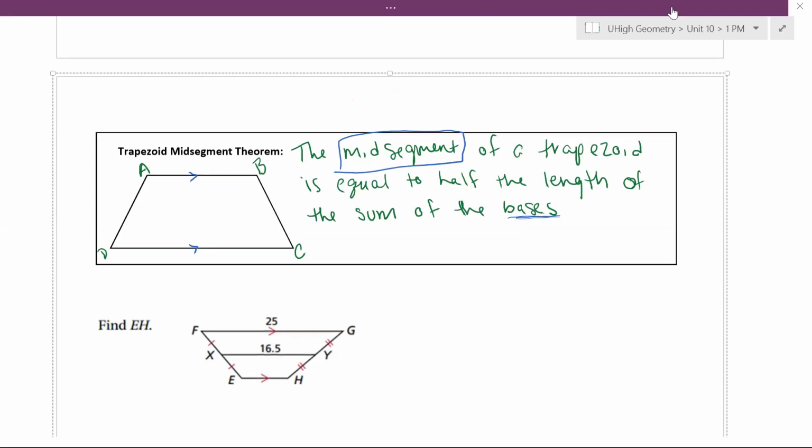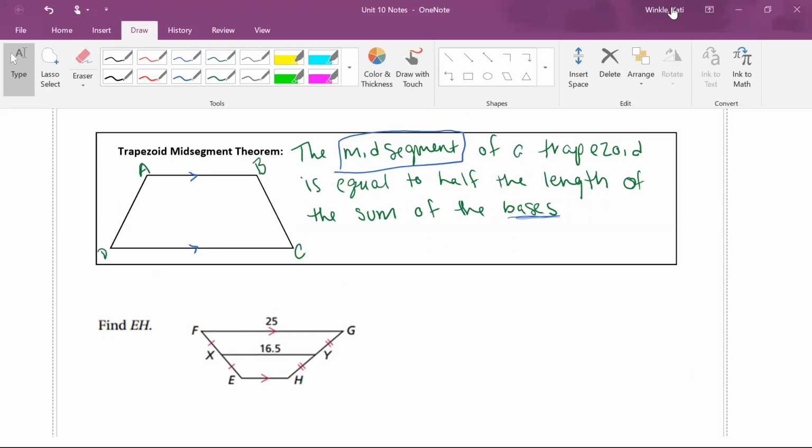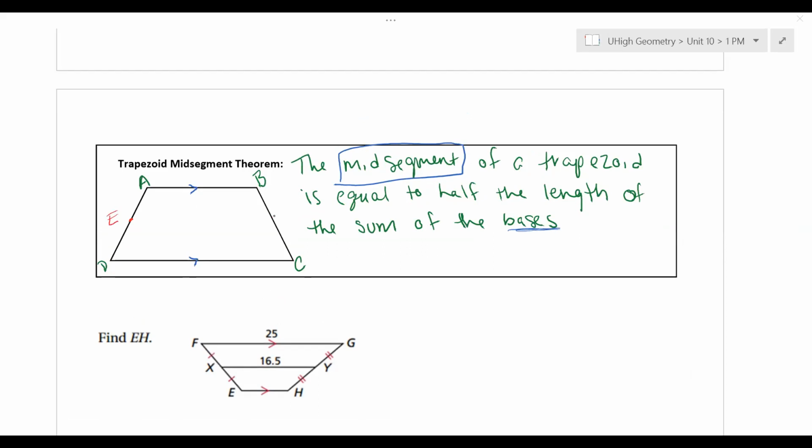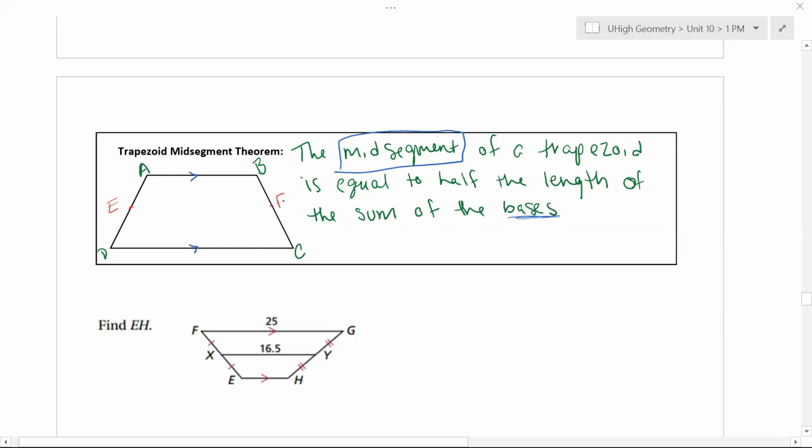In this case, we would need to know the midpoints of each of these sides. So if I create a midpoint of AD, I'm going to call it point E. And if I create a midpoint of BC, and I call it F, the mid-segment would be that segment connecting E and F.